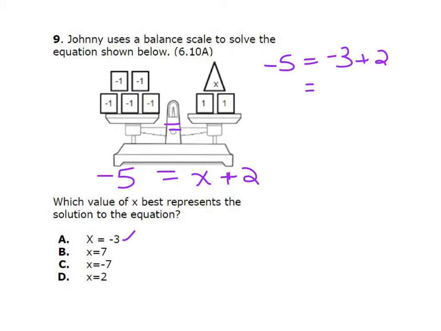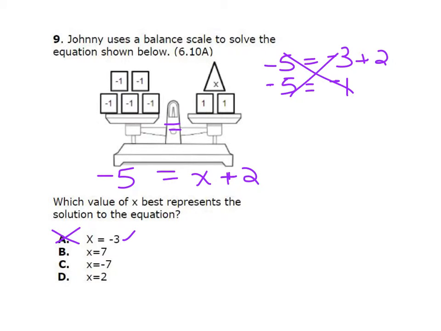When they have different signs, you're going to subtract. So 3 minus 2 is 1, and then you figure out which one has the sign. Because 3 is more than 2, negative 1 is going to be your answer. So if I have negative 5 on one side and negative 1 on the other side, those do not match, so A is not your answer.